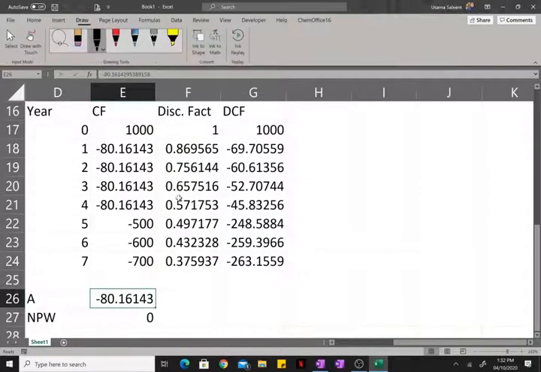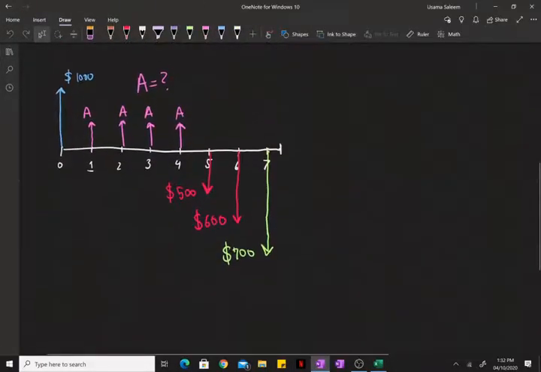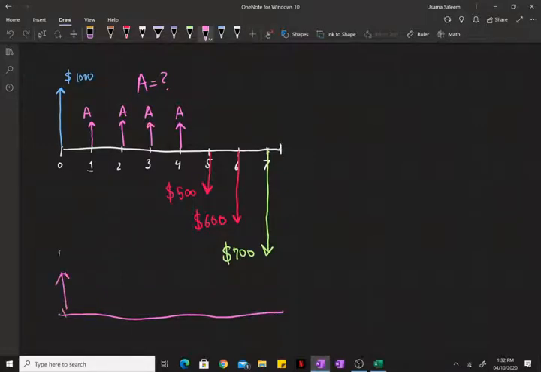Okay. So the value of A that we've gotten is actually negative $80.2. So that means that the actual solution to this problem, in order to balance out the cash flows, will need negative annuities.